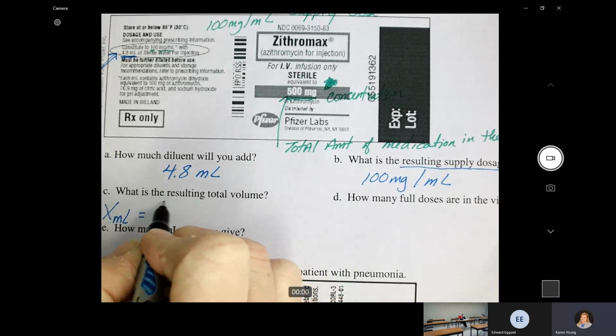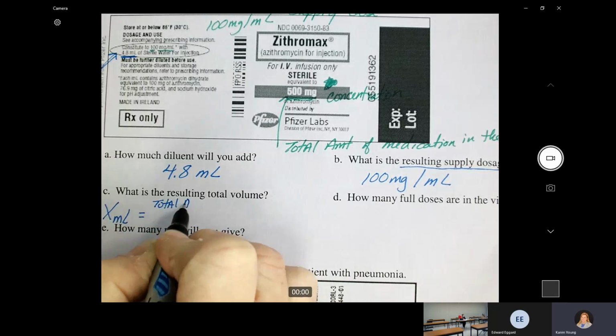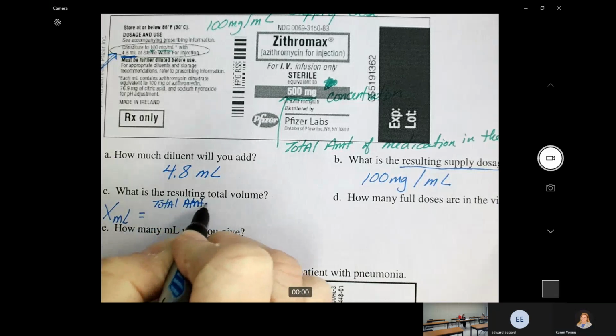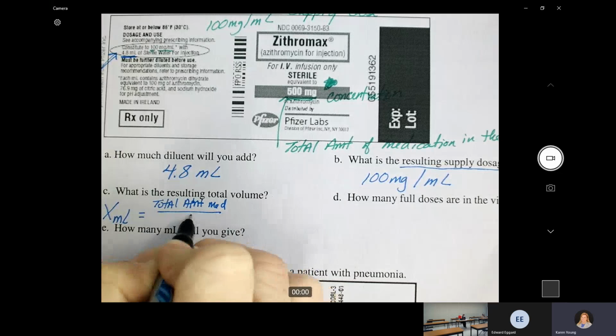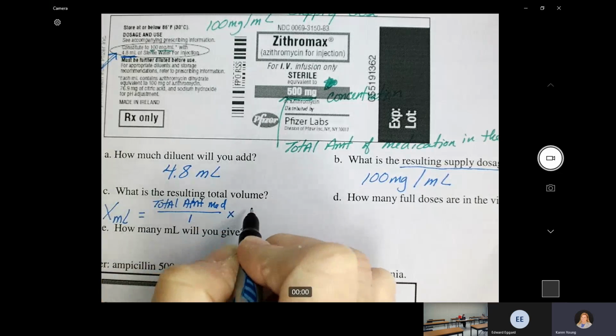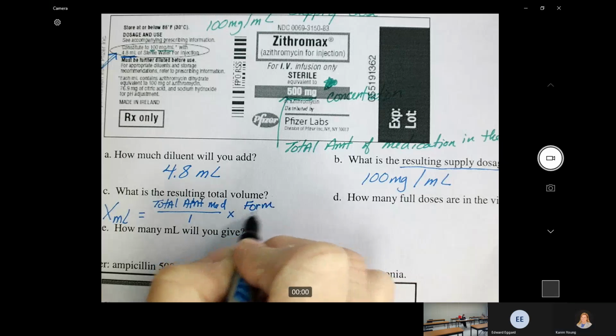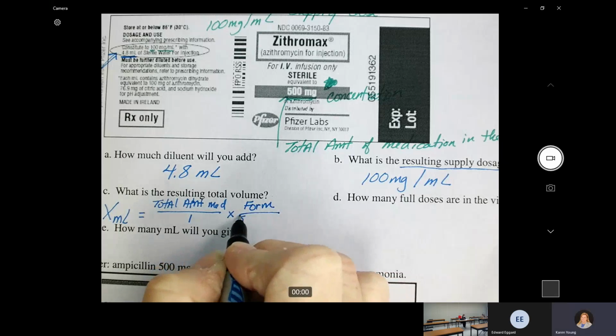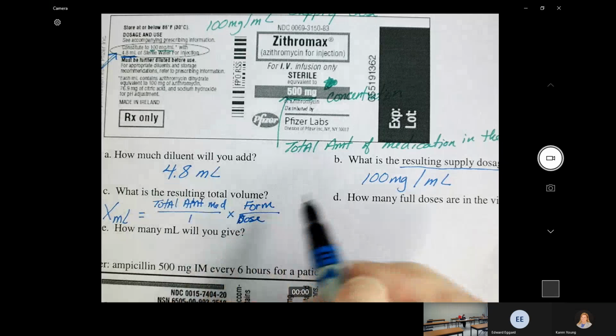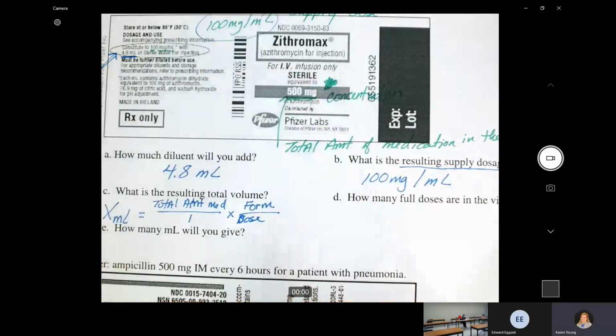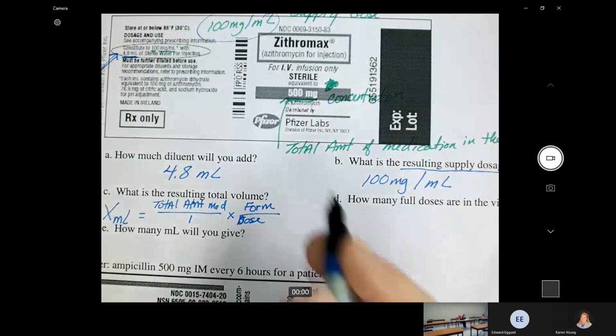I'm going to take the total amount of medication over 1 times the form over the dose, so the supply dose.